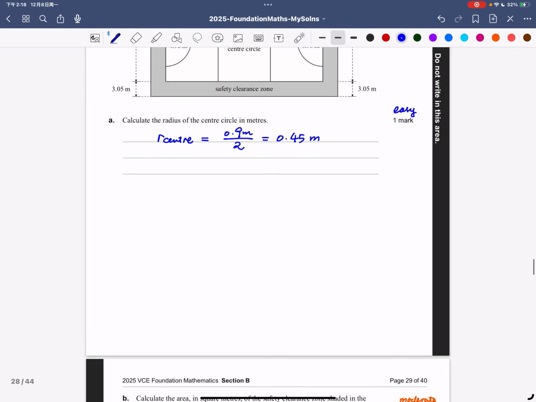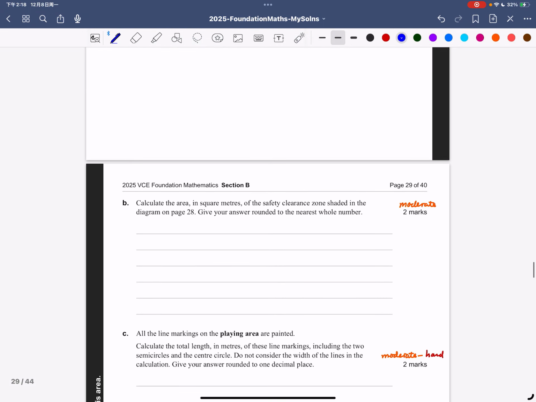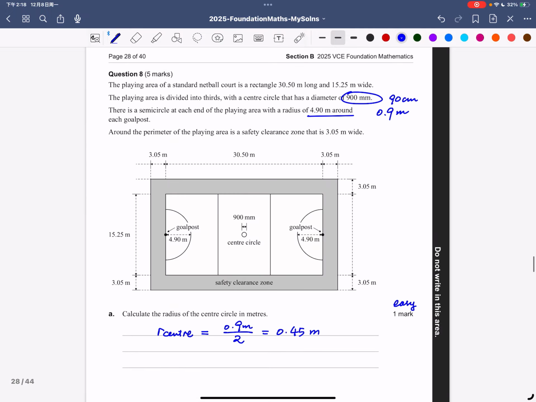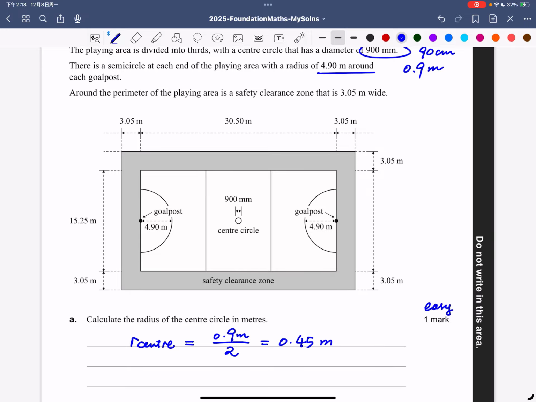And the next thing is to calculate the area in square meters of the safety clearance zone shaded in the diagram. Okay, so it's the outer bit. You don't have to break it into small corners like that. You can just use the slab method. What kind of slab method are we using? See, this is one slab, this is one slab.